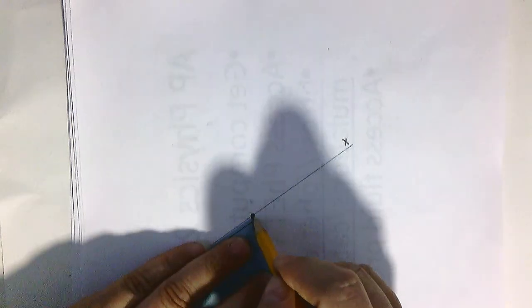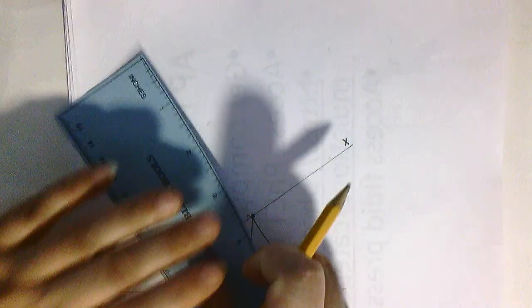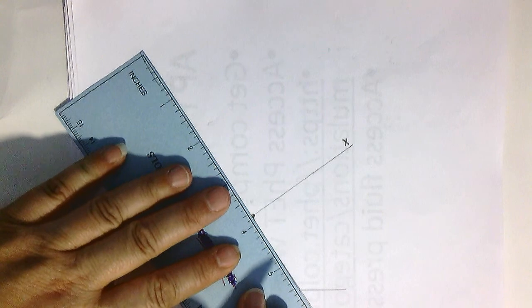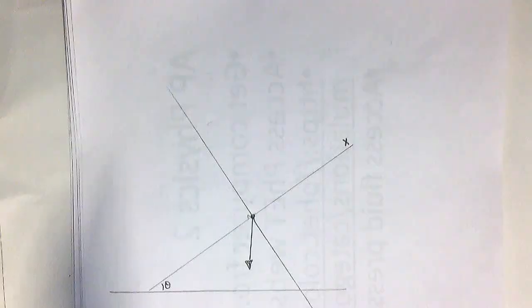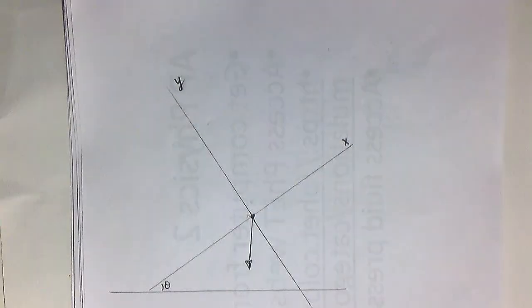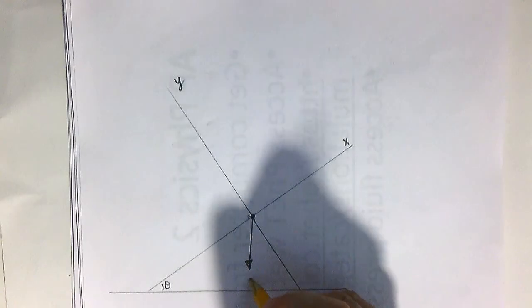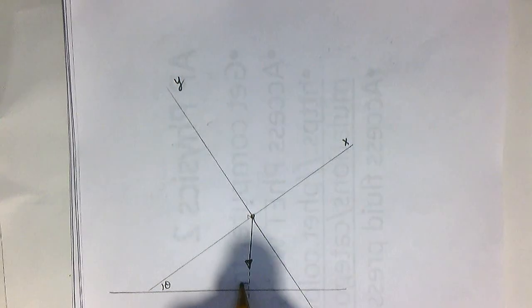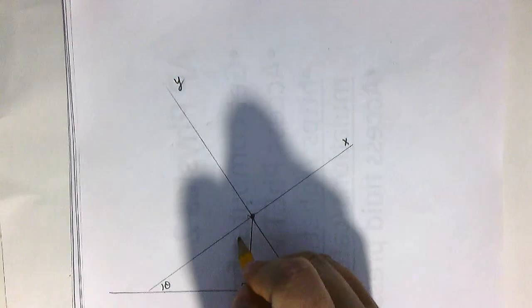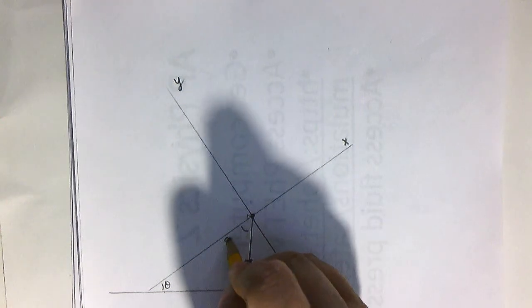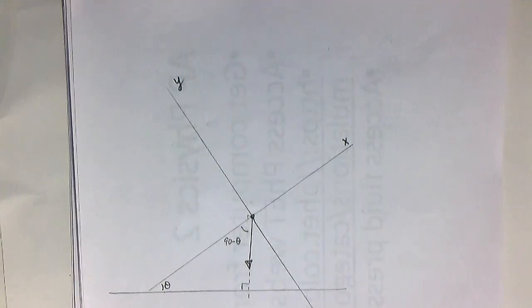The y-axis is drawn perpendicular. Just want to make sure I have this perpendicular. There we go. Okay, and this is my y-axis. Okay, I know that if I were to draw this straight down, that this would form a 90-degree angle. Okay, this is theta, this is 90. That means that this angle right here has to be 90 minus theta.